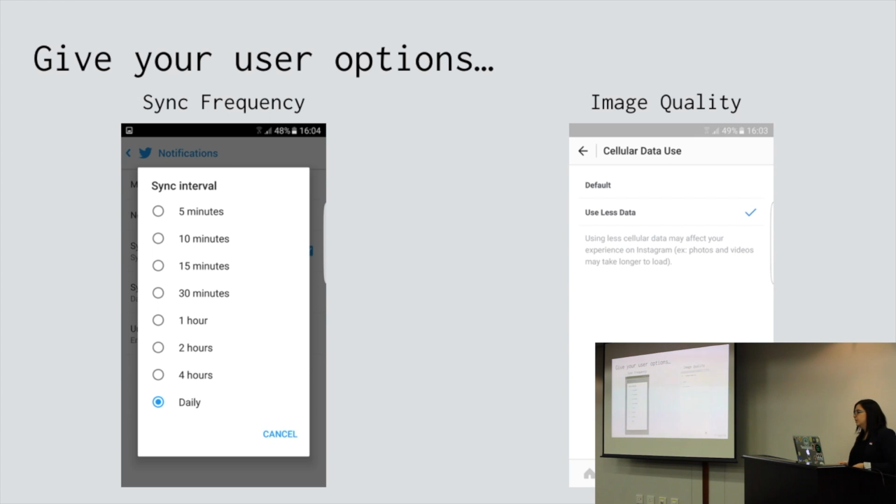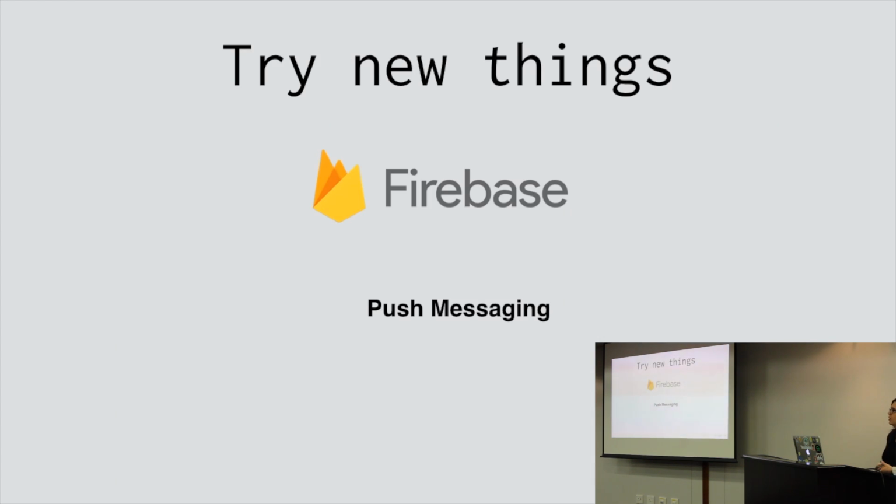Okay. And then lastly for server interactions is that you should be trying new things. Like I mentioned earlier, Google's released a new SDK, the Firebase SDKs, and this gives you real-time database synchronization, which is a really cool feature, and I believe Buddy is going to be giving a demo here next month of it.